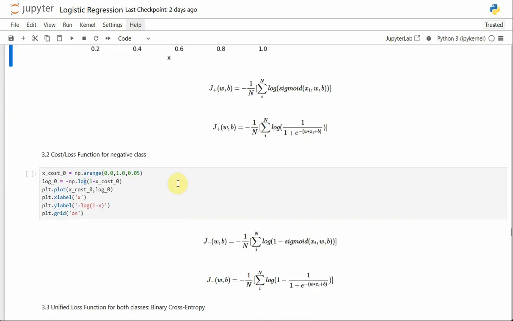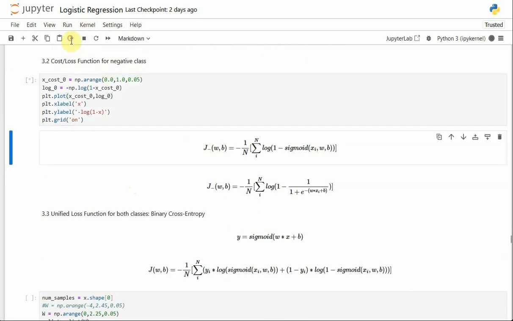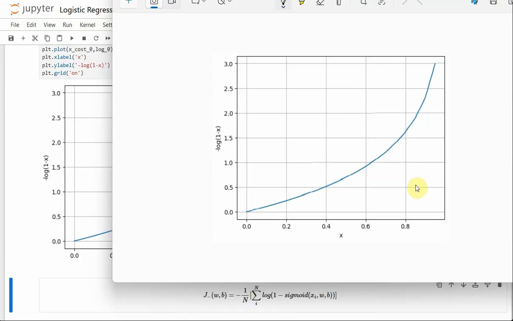Now let's consider the cost function for the negative class. In this case, we will use the function minus log of 1 minus x. If logistic regression is predicting value 0, then our cost will be 0, and it will be very small in the vicinity of 0.